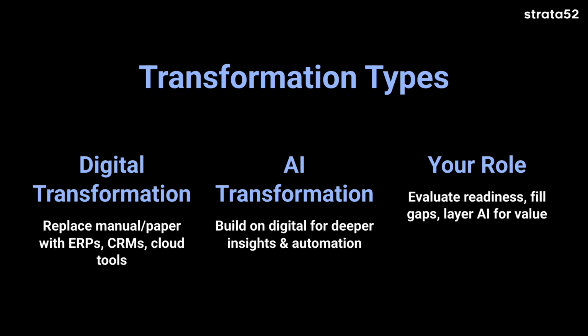And AI transformation is kind of the next phase where you layer on deeper insights, advanced automation, and prediction tools for better decision making. So maybe you're predicting inventory or automating customer support or finding cost savings opportunities. Essentially, AI picks up where digital systems leave off.